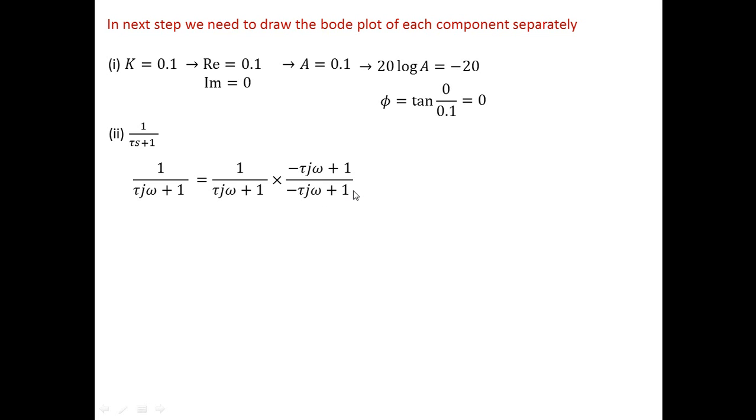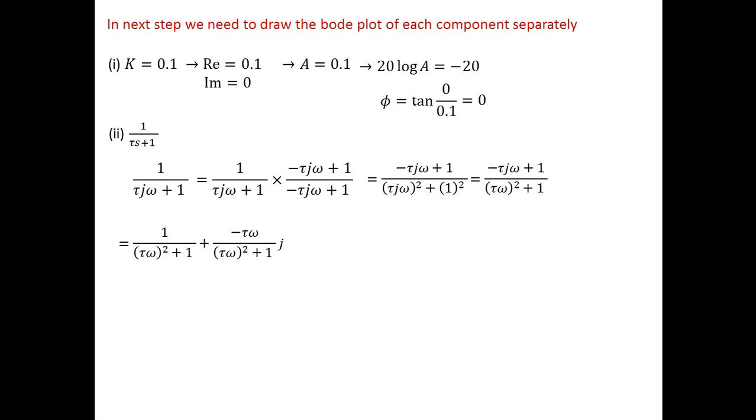This value is the complex conjugate of this complex number. By doing this multiplication, I will have (minus tau j omega plus 1) over (tau omega squared plus 1).